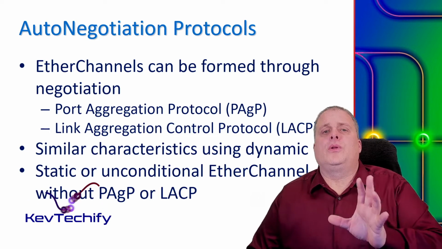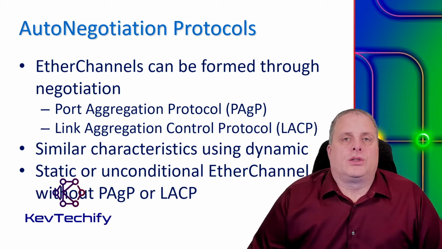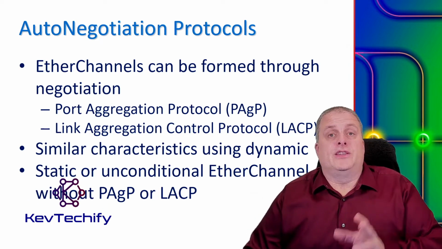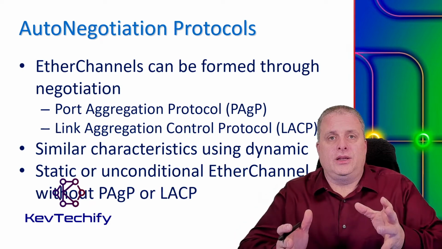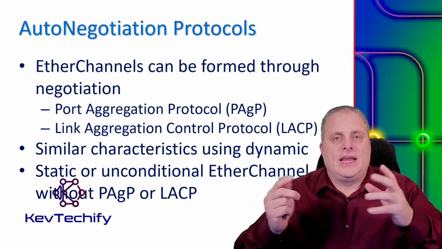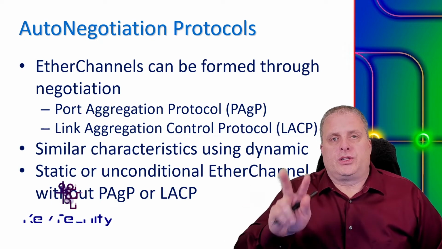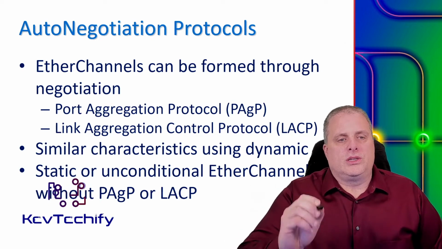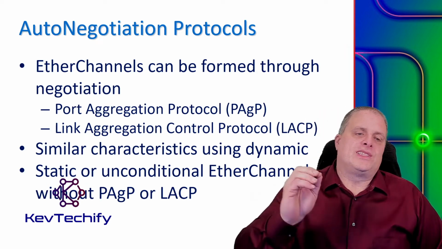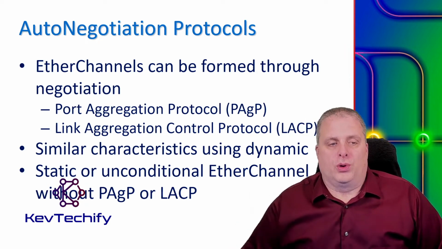There are a couple of auto-negotiation protocols that we could use to set these up for us. We could automatically have these logical EtherChannels auto-negotiated. Now, there are two of them. One is the Port Aggregation Protocol, and the other one is the Link Aggregation Control Protocol.